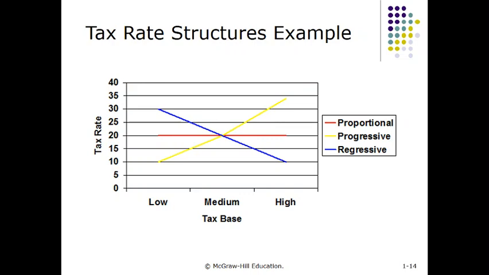As far as progressive is concerned, there you have a tax rate on the left side, and then tax base, or your taxable income at the bottom, is going to increase. And there you have the regressive tax decreasing over the tax base.